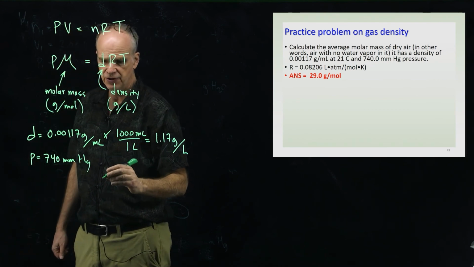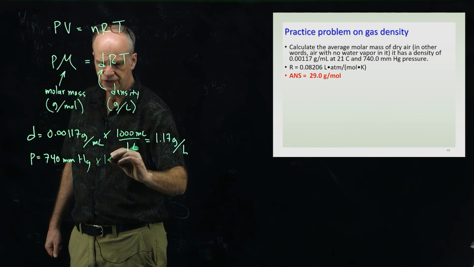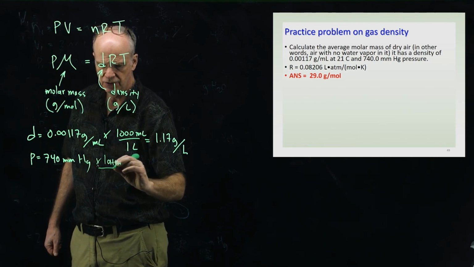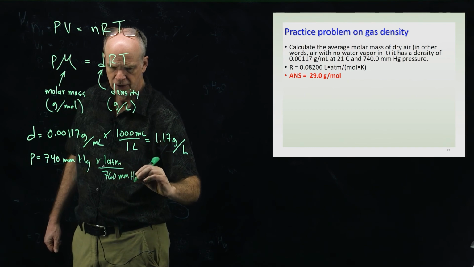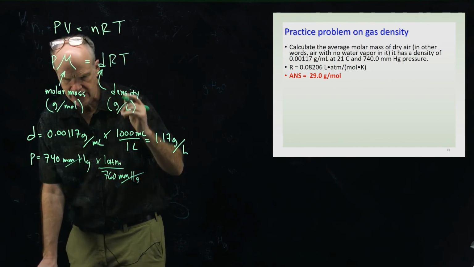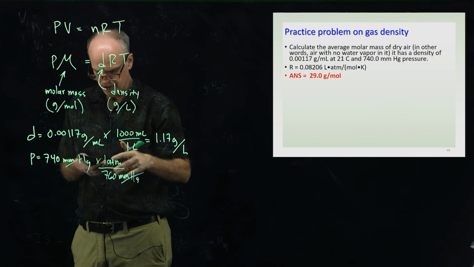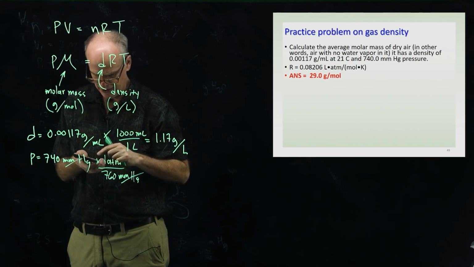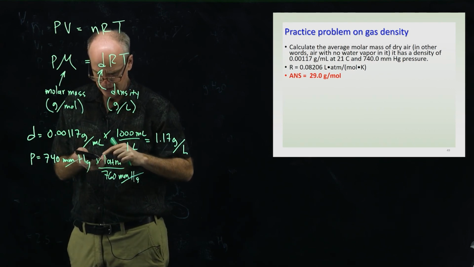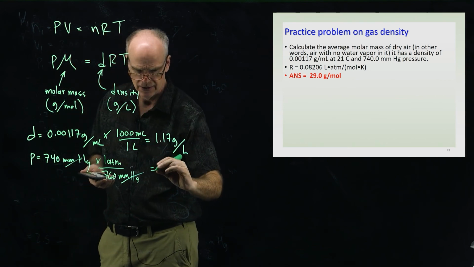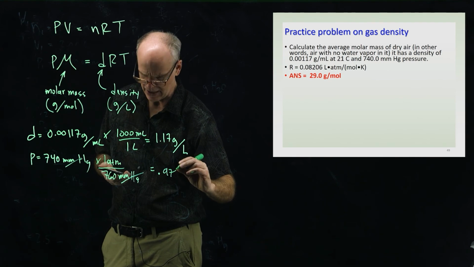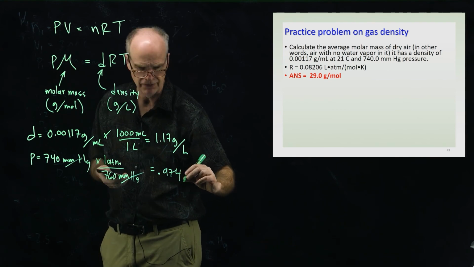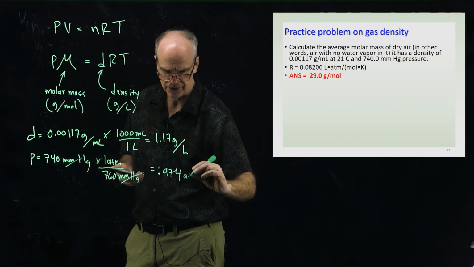So it's 740 millimeters of mercury times 1 atmosphere over 760 millimeters of mercury. The millimeters of mercury cancel out, so it's 740 divided by 760, which is going to be 0.974 atmospheres, rounded off as the book suggests.